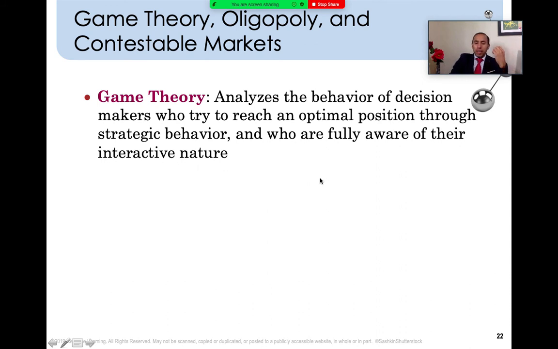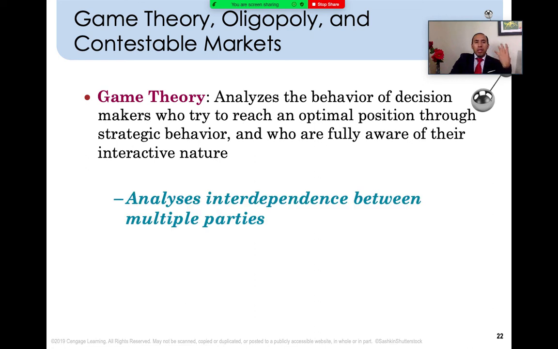So game theory is very interesting, and the models are very interesting as well. We're looking to analyze the interdependence between multiple parties, between two people, two organizations, two individuals, two firms, two countries, and we're going to do some examples of this.